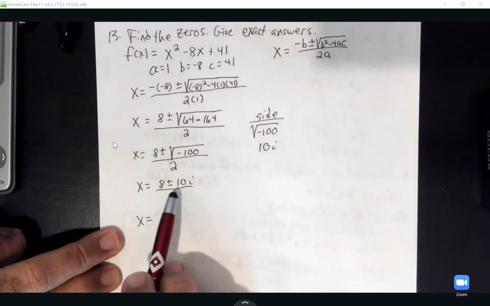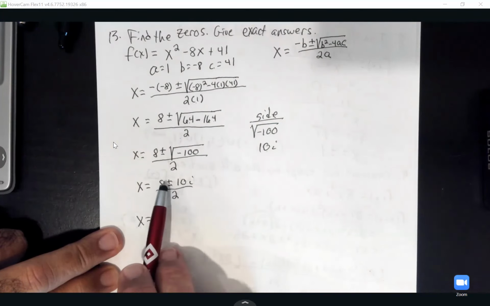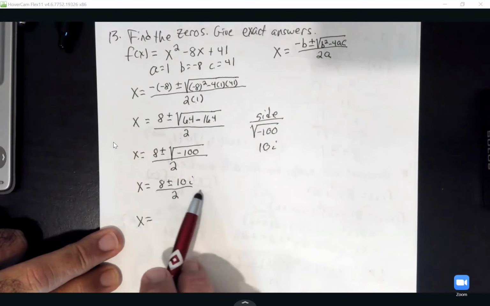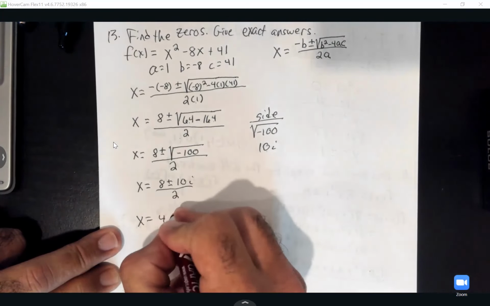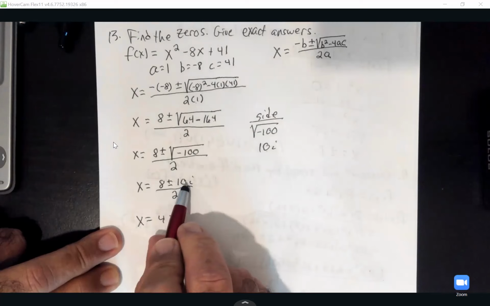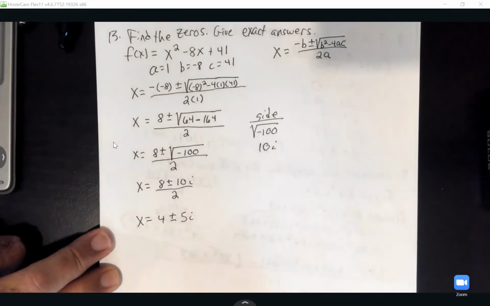And y'all, guess what? Our final step to simplify this, since these two top numbers will both divide by 2, we're going to divide them both by 2 and be done. So 8 divided by 2 gives you 4, plus or minus 10i divided by 2 gives us a 5i.